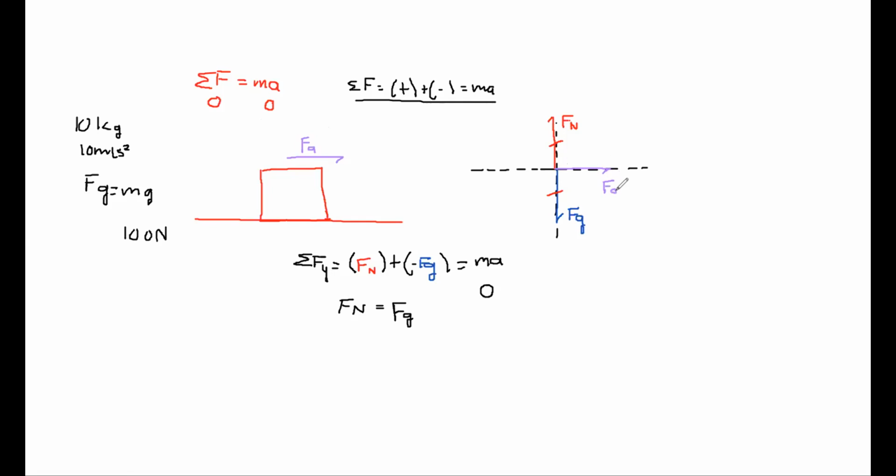Now, as of right now, with this applied force drawn in on my free body diagram, I don't have balanced forces. I have a force to the right, but no force to the left. So what force must I know is there if it's moving at a constant velocity? Yeah, it's going to be pointing to the left.